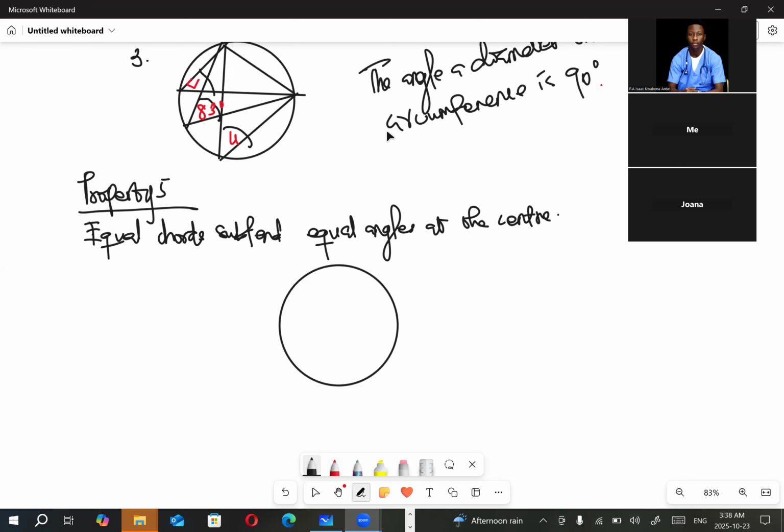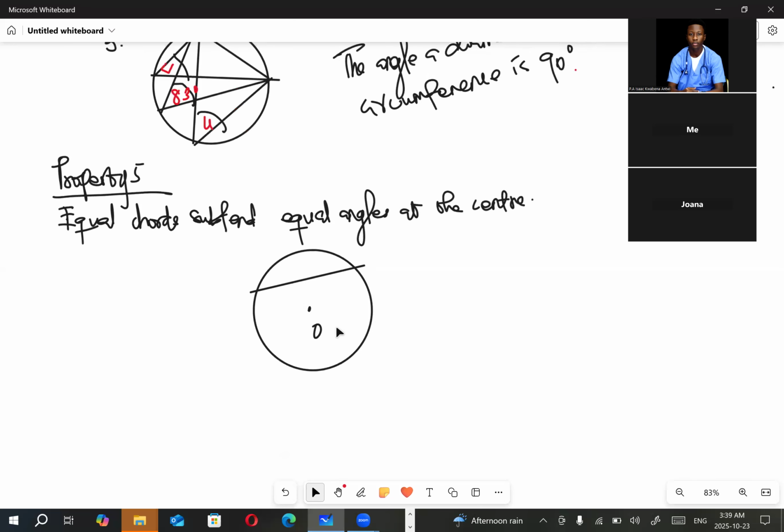So equal chords subtend equal angles at the center. Let me do it briefly, then you go for a break. Assuming there's a center, you have this chord. This chord can be made to raise an angle.